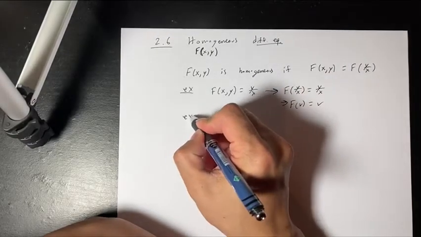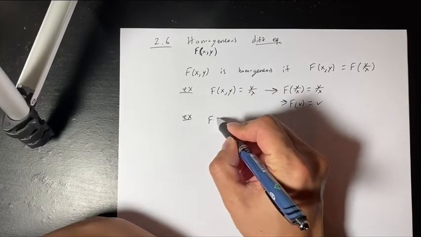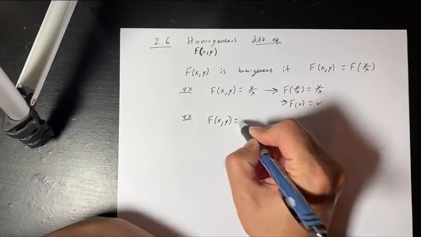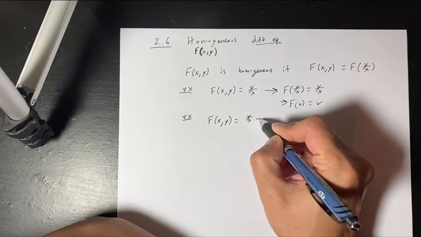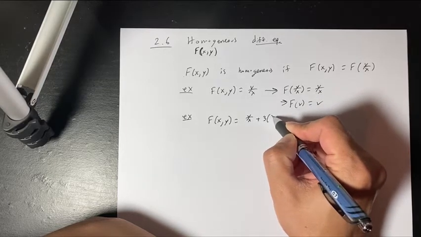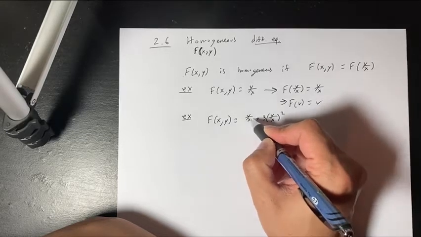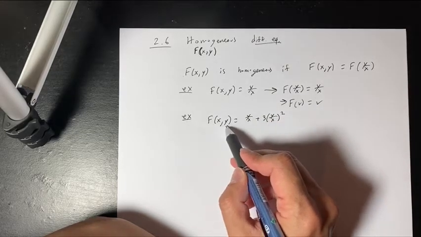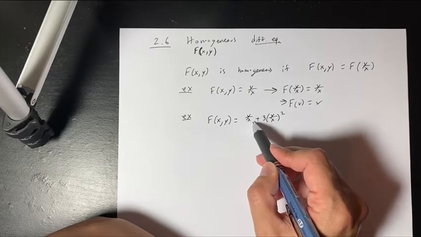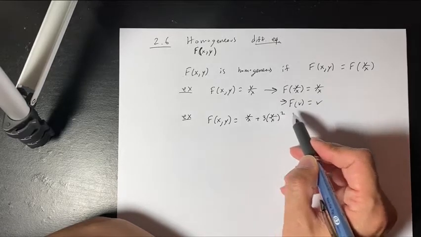Here's another example. Here's a function in two variables. So f of xy is y over x plus 3 times y over x squared.